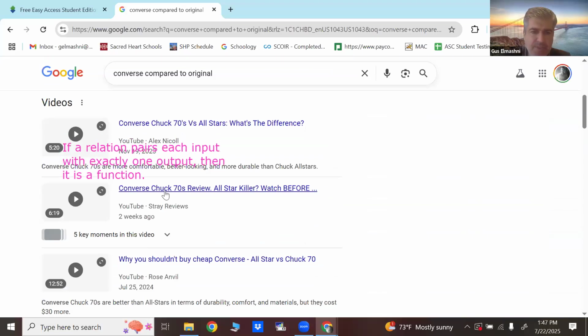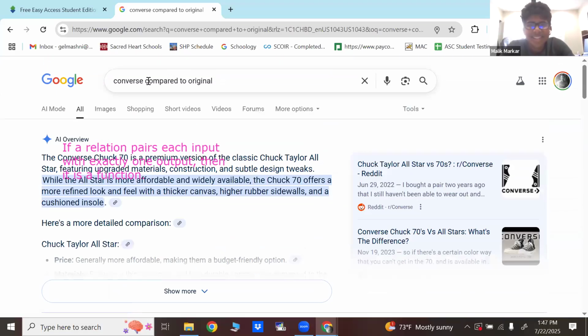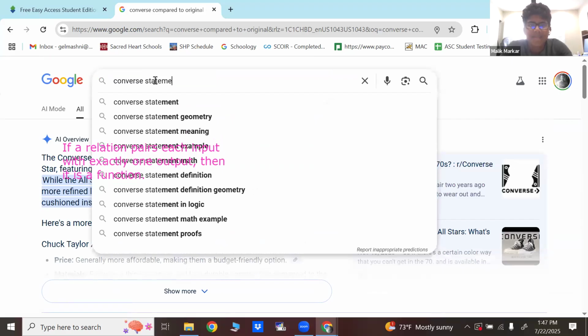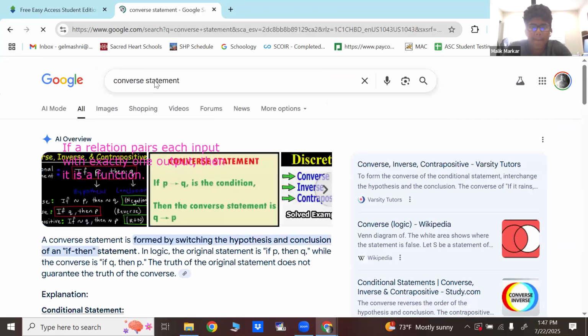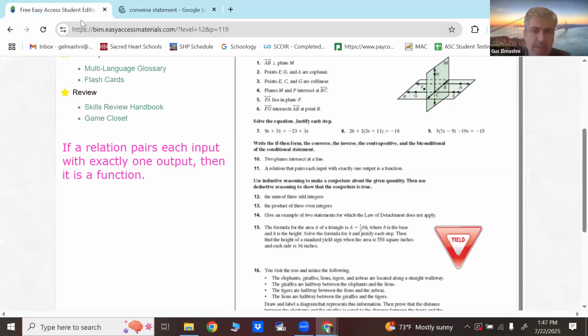Yeah, you just switch it. Okay, I had that right. Inverse is when you negate. Got it. For some reason, I always confuse them.